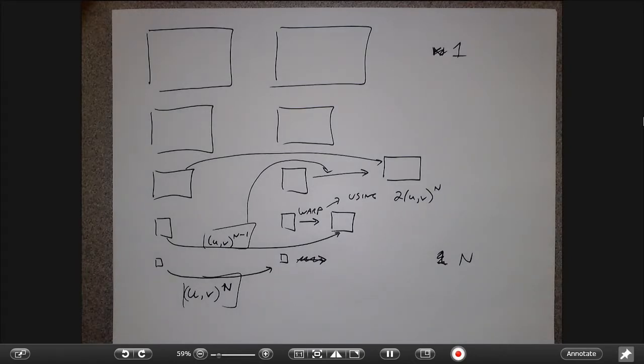Interesting. Right. So why are we warping that image? I mean, I guess in my mind it would make more sense if we were using that to warp the left-hand image. Oh, I see what you're saying.